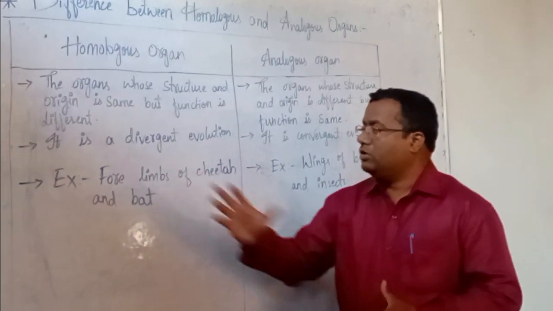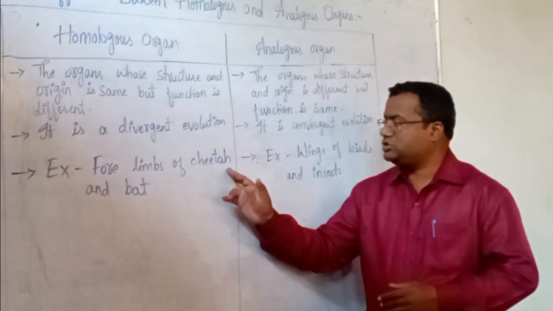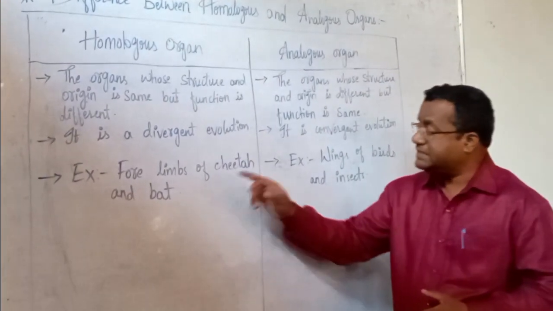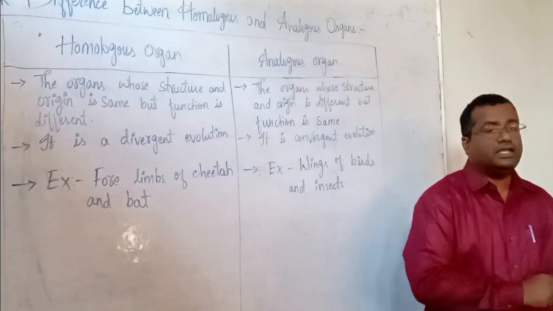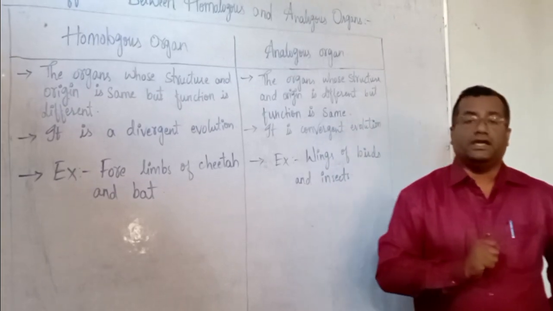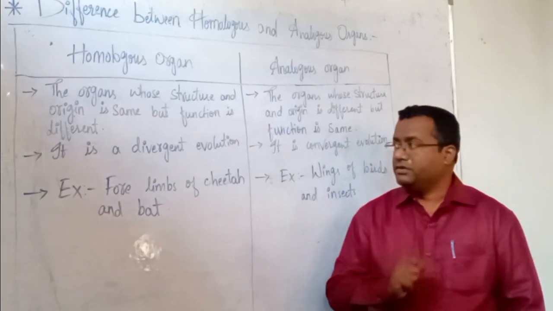For example, the four limbs of cheetah and bat. Of course, the cheetah and bat evolved into different species, but inside the four limbs the bones show similar structure and origin. This is one of the evidences that evolution has happened.